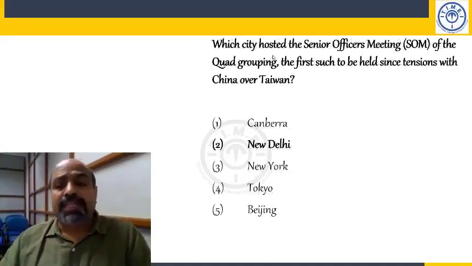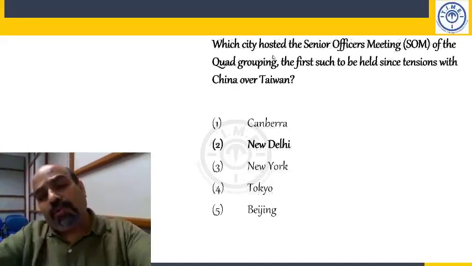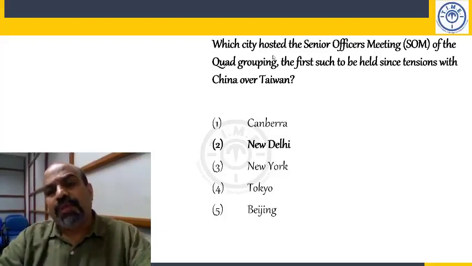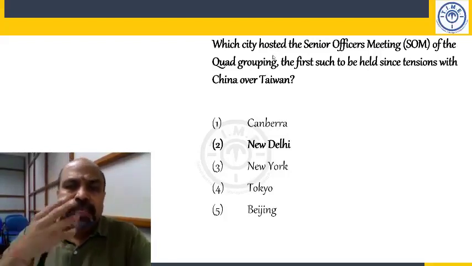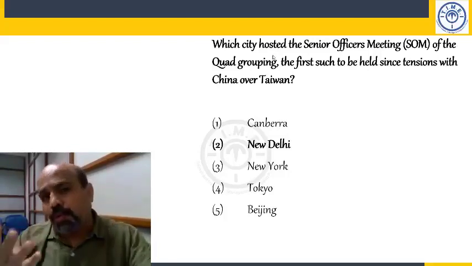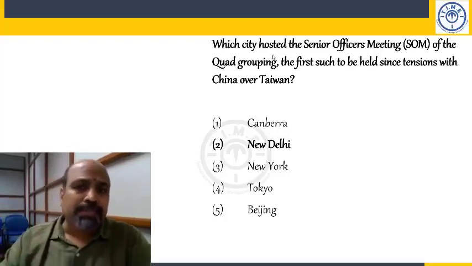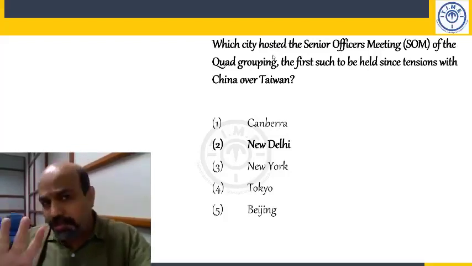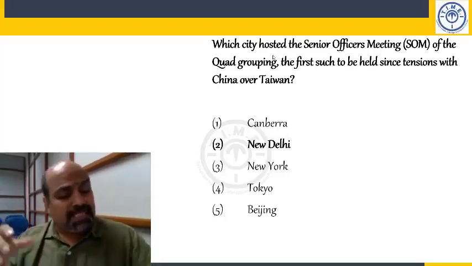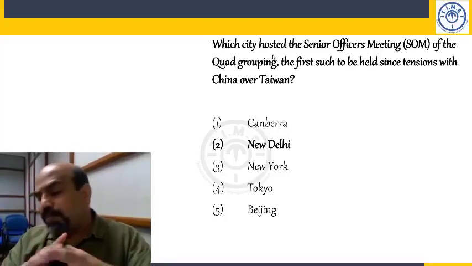Which city hosted the senior officers meeting of the Quad grouping, the first such meeting since tensions with China over Taiwan? Well, New Delhi hosted this. Quad is four. So you have India, the United States, Japan, and Australia, four countries. But these days, something called Quad Plus has come in.